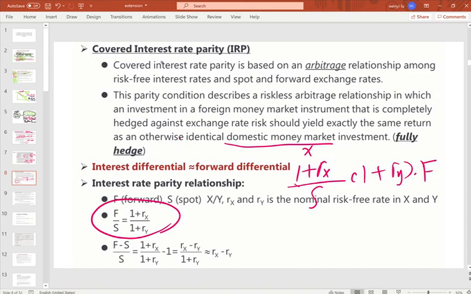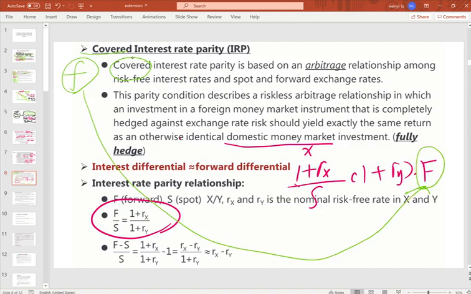Why do we call this covered interest rate parity? Cover means if you want to reduce exposure to the foreign exchange market, you can sign a forward contract at the beginning. So at time 0, you already sign this contract F, so you already lock in what you will get after 1 year. That's why we call it covered interest rate parity: you already cover the exchange rate risk by signing a forward contract.